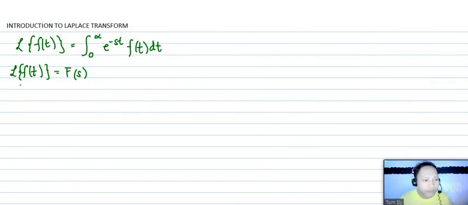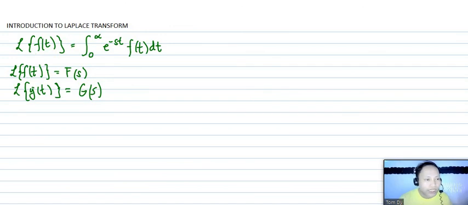And if we have the Laplace transform of g of t, so we have here our bracket, the Laplace transform of g of t, that is equivalent to capital letter G of s.